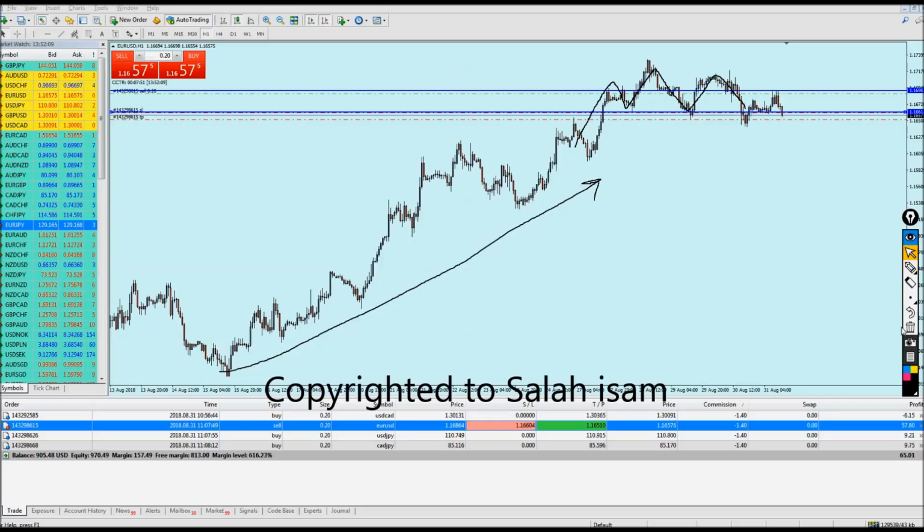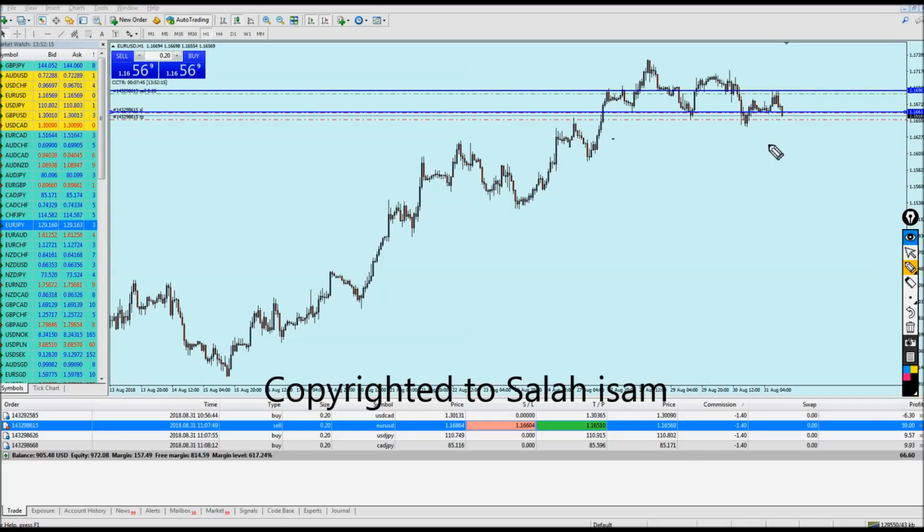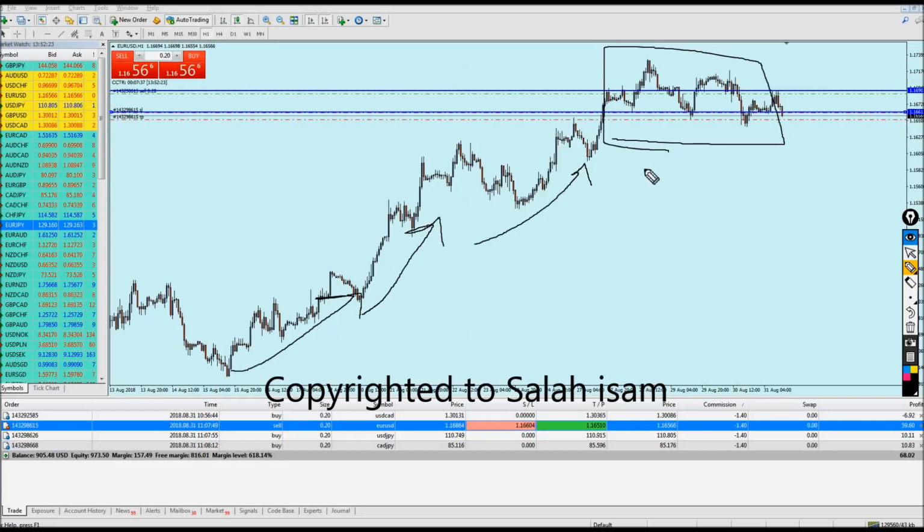But after hitting this strong resistance on the daily chart, we can see again that the market is no longer going up. It's not having the same momentum or strength to continue moving more and more up. So after seeing this rejection, it's like the market is trying so hard to keep the bullish momentum but is not able to. Now you can place a sell and be happy that your trade will be profitable.